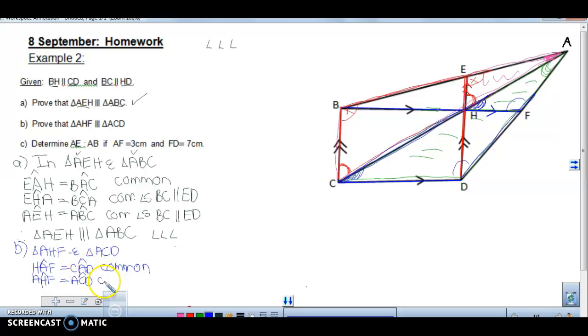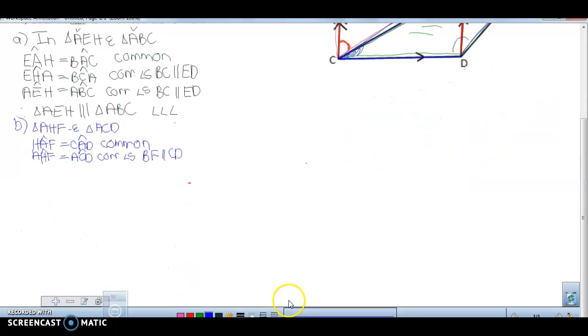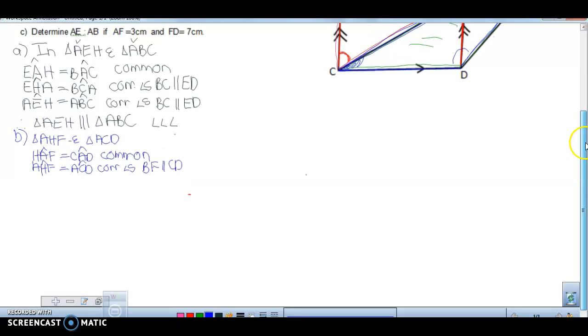And the reason is they're corresponding angles. And in this case, my parallel lines are BF and CD. So I can say BF parallel to CD.